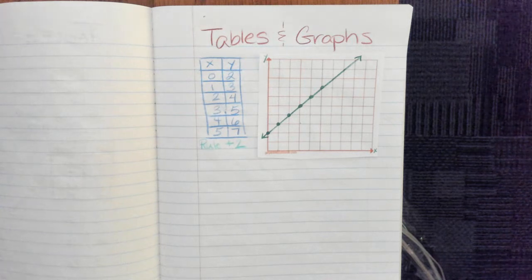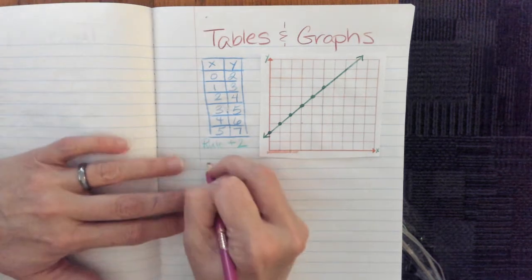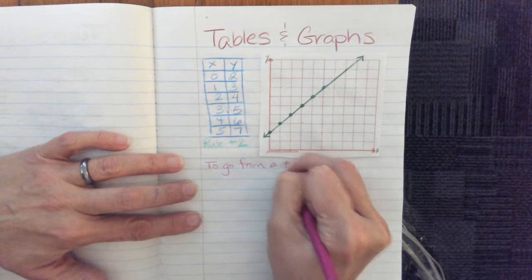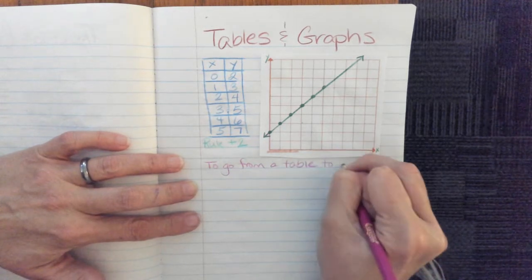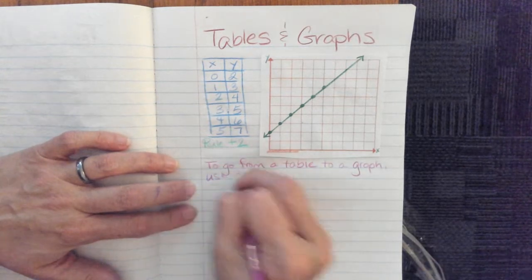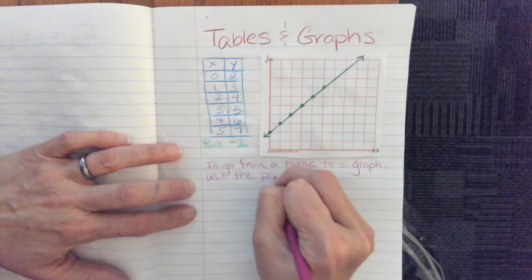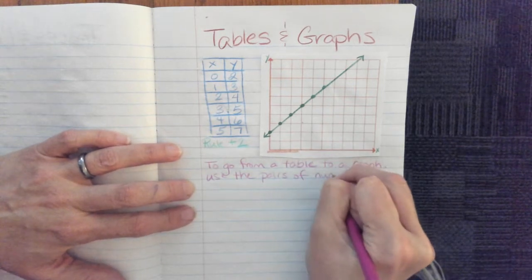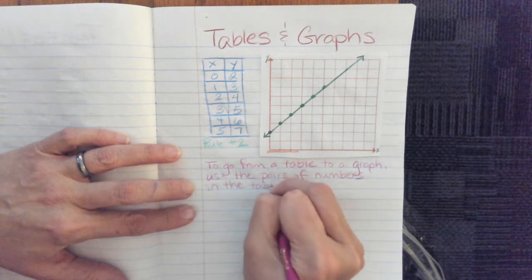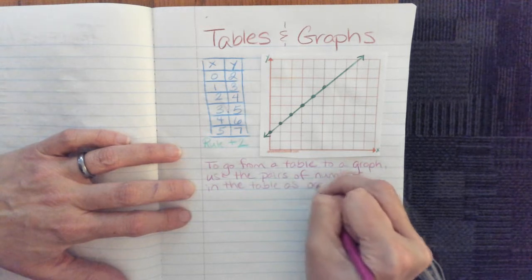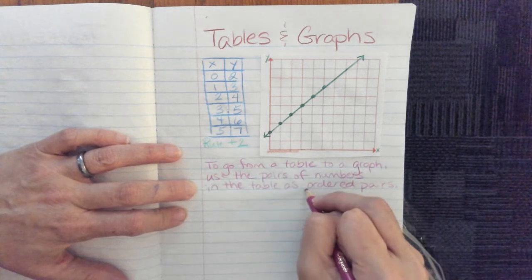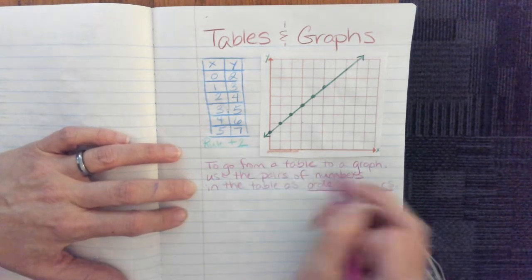What I did was to go from a table to a graph, use the pairs of numbers in the table as ordered pairs, like you have for a graph. So that's how to go from a table to a graph.